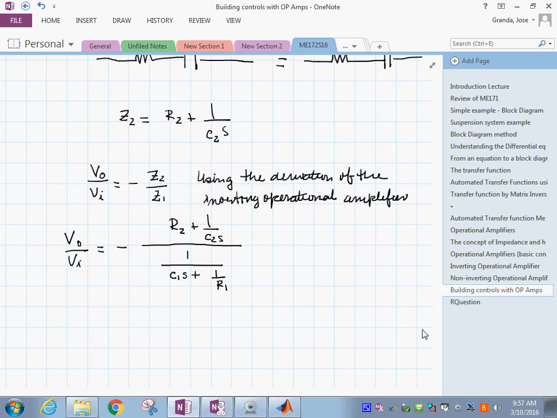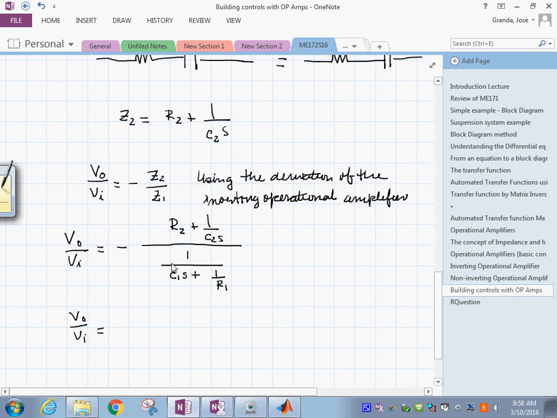Perhaps I think it would be a good idea to do one more step, because you can see it in here. This is going to go up, it is the minus multiplied by C sub 1 times S plus 1 over R1, and then you have R sub 2 plus 1 over C sub 2 times S. Because we want an expression with a numerator and a denominator, we multiply these two.